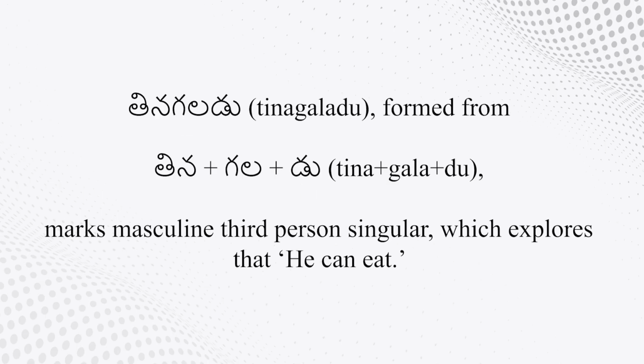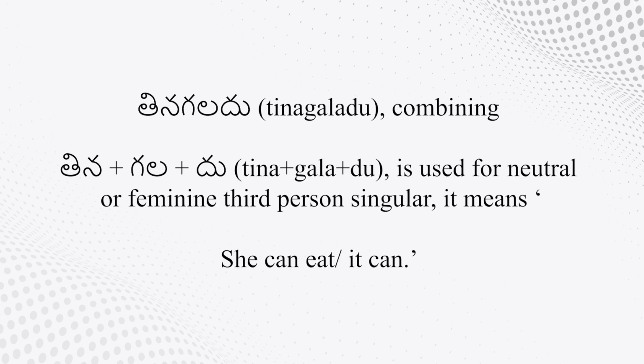తినగలడు formed from tina plus gala plus du marks masculine third person singular, which means he can eat. తినగలదు combining tina plus gala plus dhi is used for neuter or feminine third person singular.